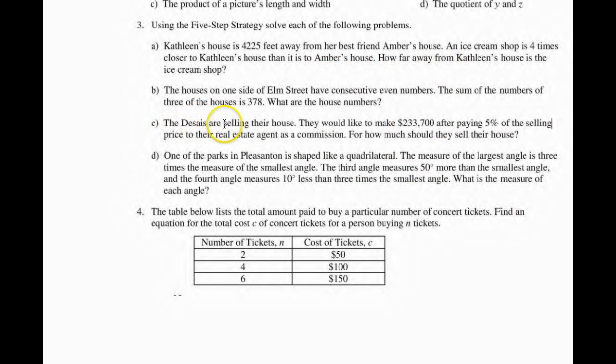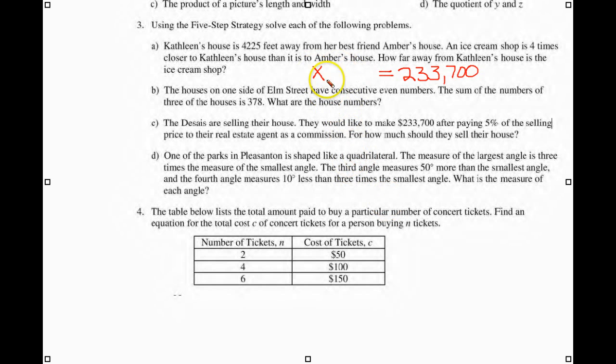The Decises are selling their house. They would like to make this much money after paying 5% of the selling price to the real estate agent as a commission. So how much should they sell their house for? Okay, let's pause, read it, and see what we can come up with.